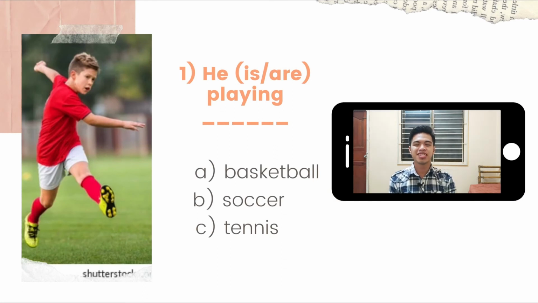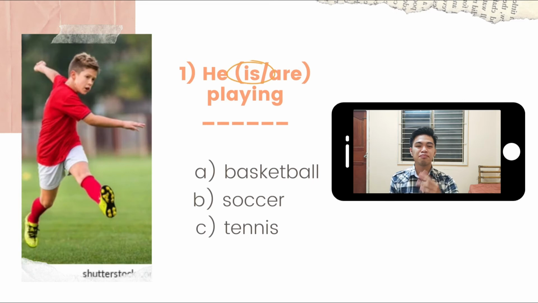For the number 1, we have he, is, or are playing blank. So let's decide first if it's going to be is or are. Okay, as we can see, the person is only one. So we're going to use is. Good job, it's going to be is.